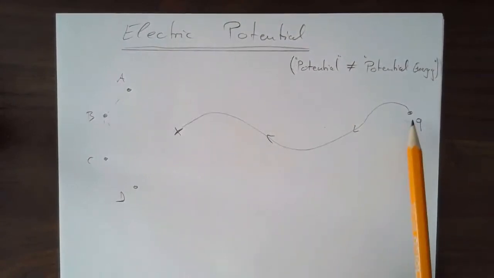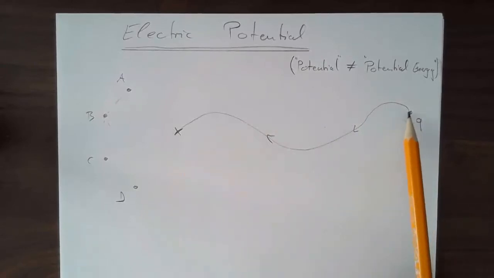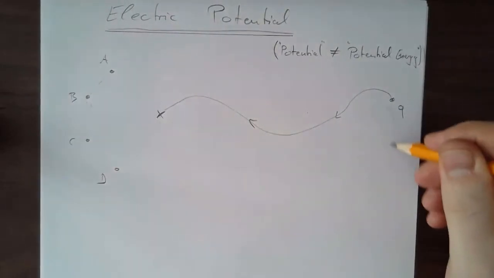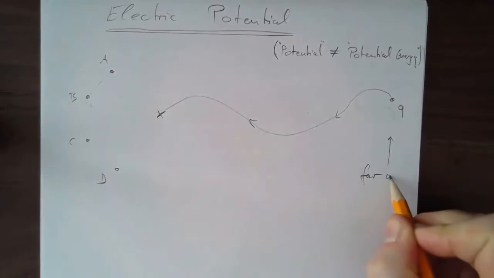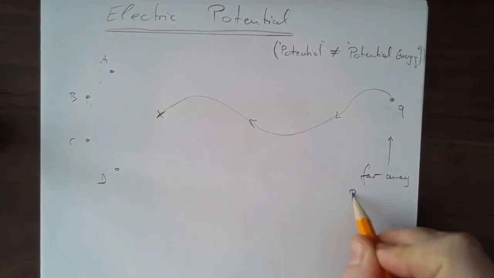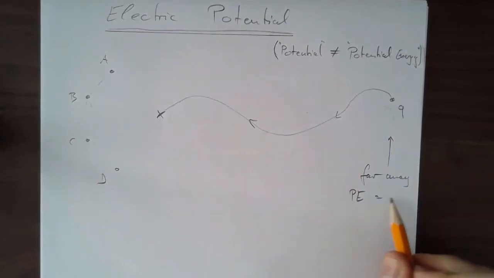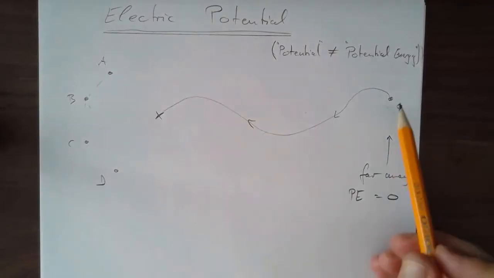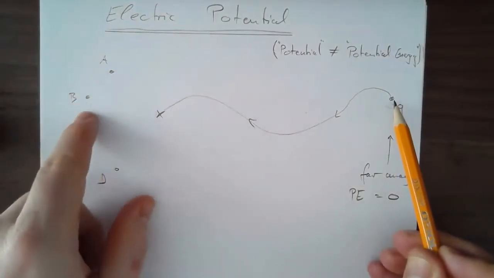What we care about is, what's the change in potential energy if I move the charge from far away to over here? Far away, the potential energy associated with this charge is 0, hopefully you remember that from the potential energy lecture, just because you divide by r, and r is large, large, large.